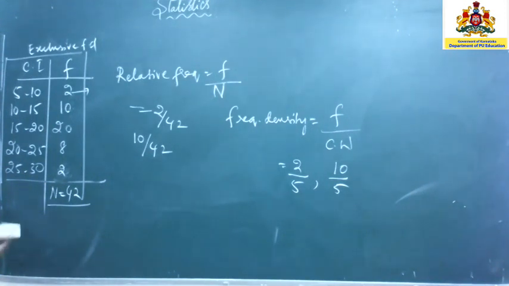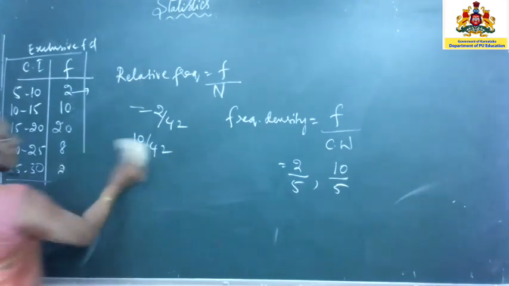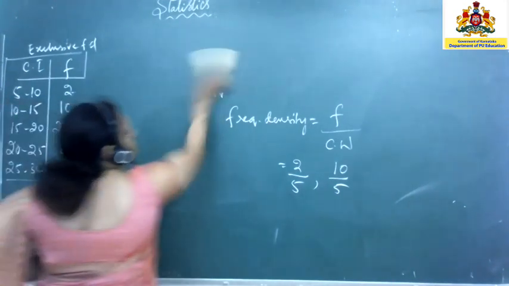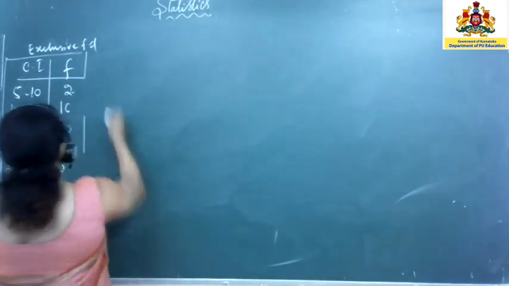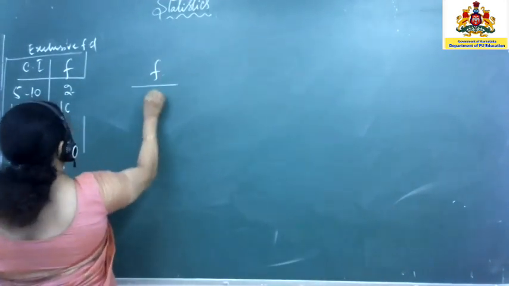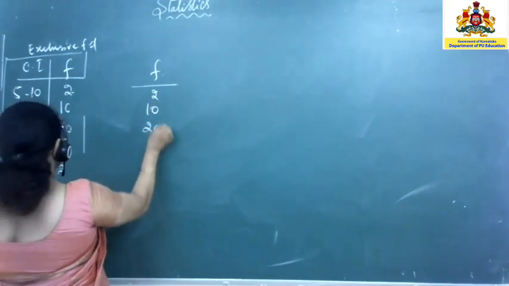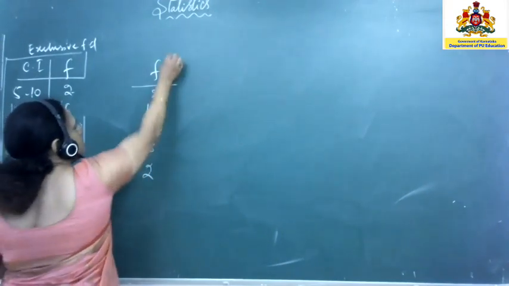Coming to the last part, you have the cumulative frequencies. I shall take the same frequencies: 2, 10, 20, 8 and 2.